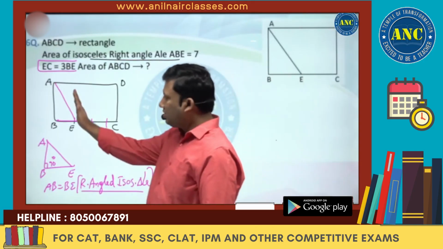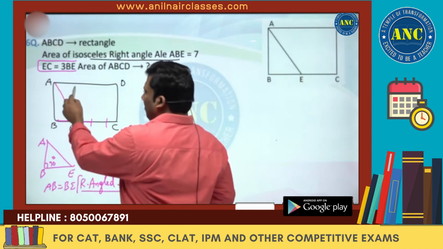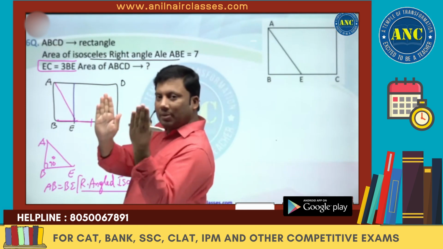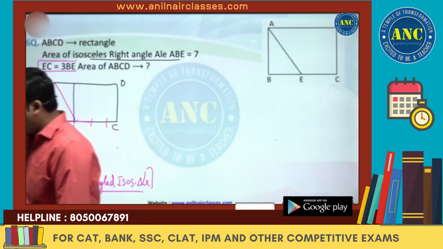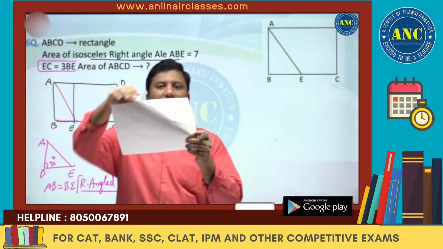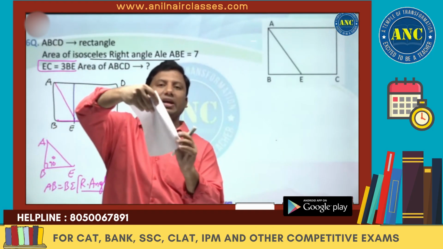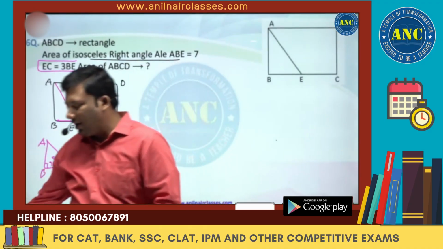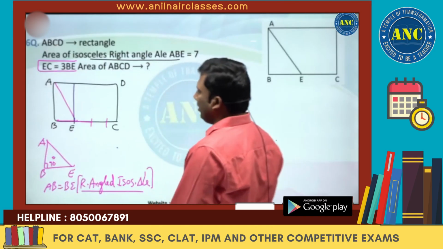So what you do is, create the same AB here and keep on folding the paper. How to fold the paper? For example, if this is there, keep on folding the figure like this. If I keep on folding the figure, how will it be?